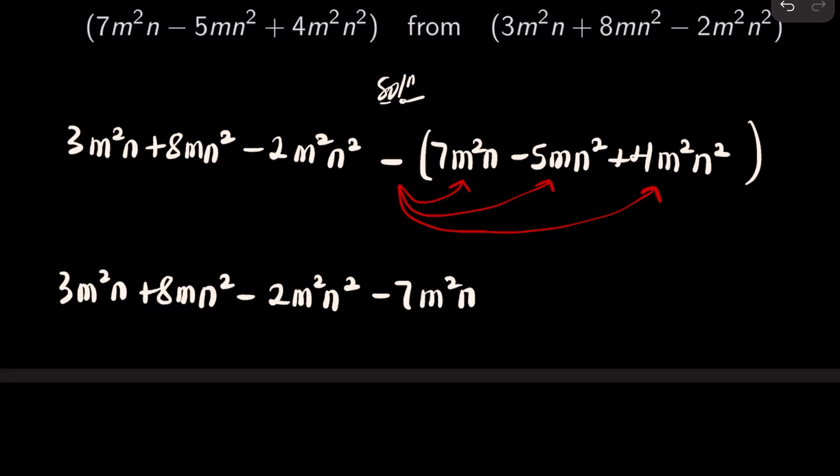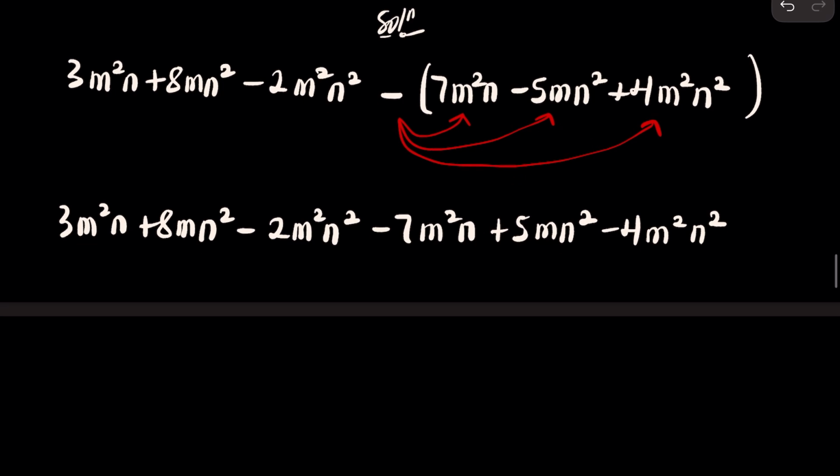Then minus 1 times minus 5 is going to be plus, because minus minus will be plus when you are multiplying. So that will be plus 5mn squared. And now here we have minus 1 times 4, that's going to be minus 4m squared n squared.